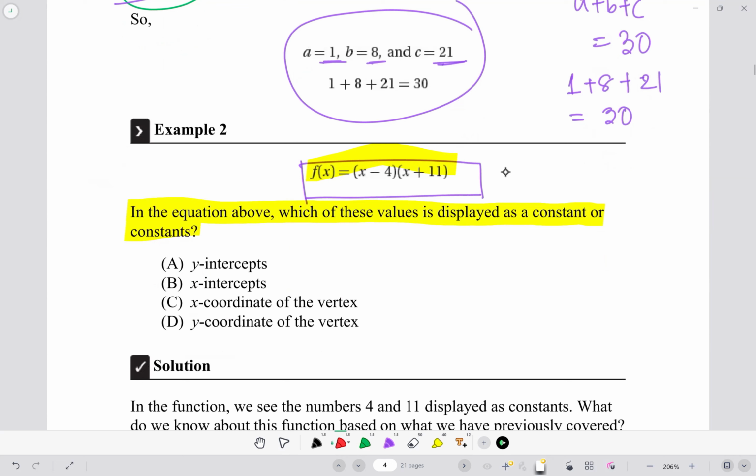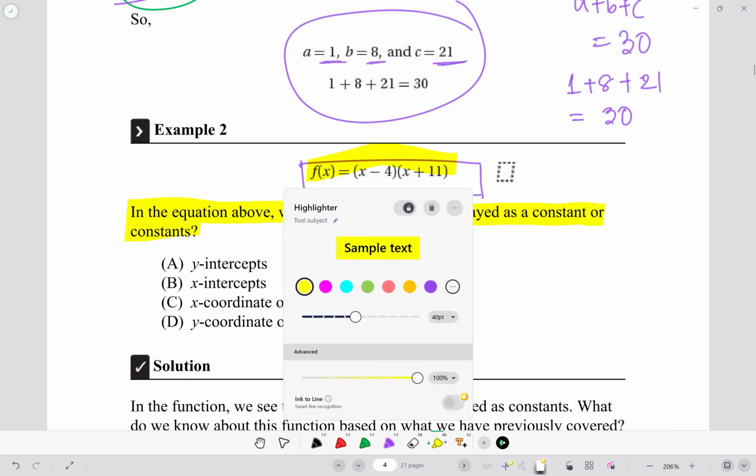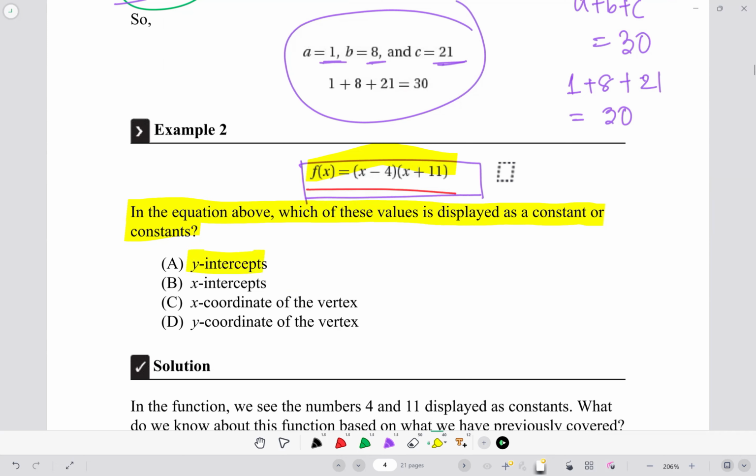To solve it, what should be our procedure? We just need to simplify it, and then look at the options they are giving us: y-intercepts, x-intercepts, x-coordinate of the vertex, and y-coordinate of the vertex.